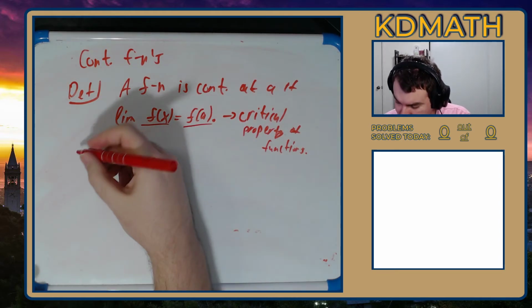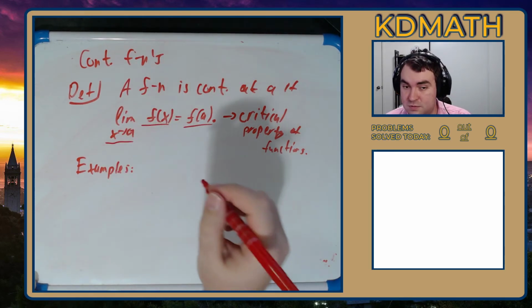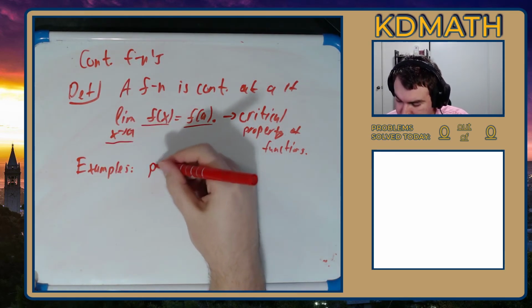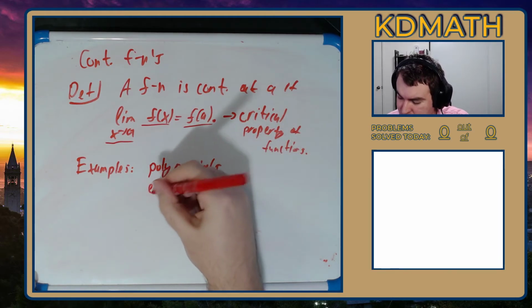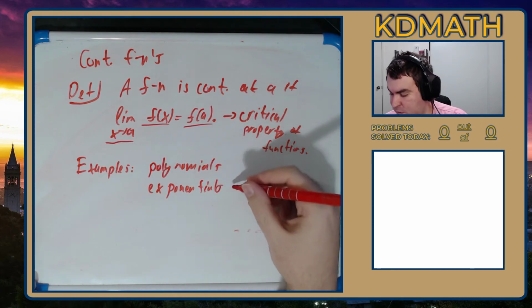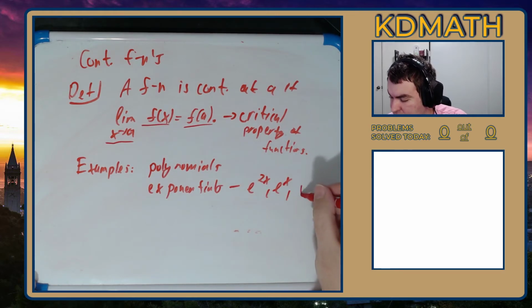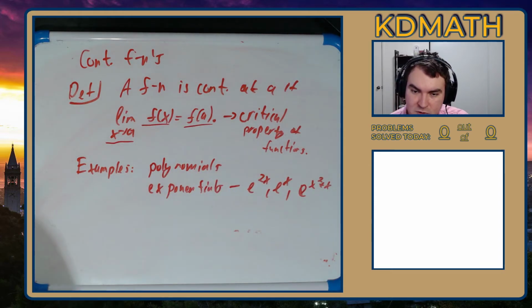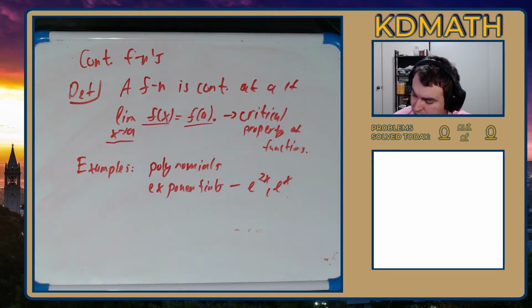So examples are the following sets of functions: polynomials, exponentials. And what's an exponential in my book? e to the 2x, e to the x, e to the x squared plus x. Let's just keep it to e to the x, e to the 2x for now.